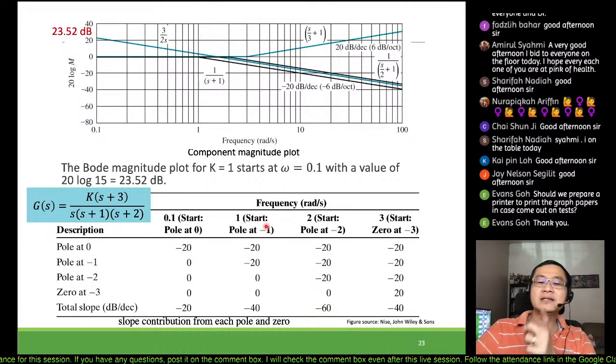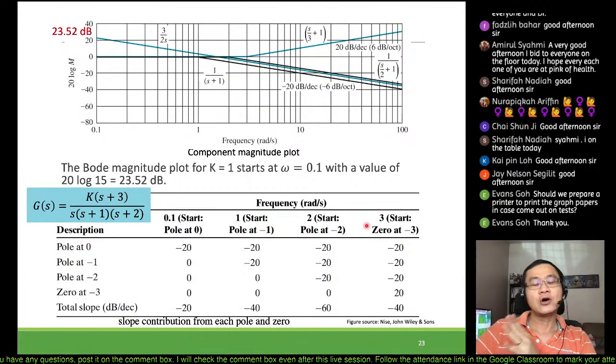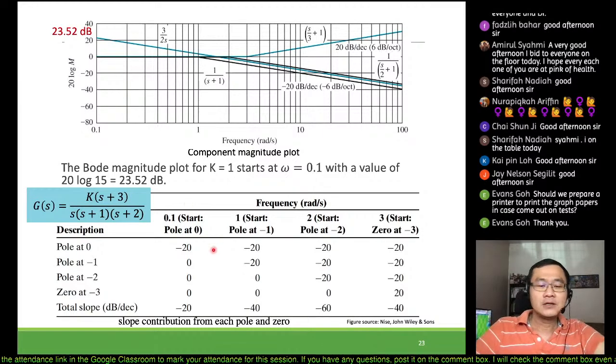Then for others, like s plus 1, we will use 1 as our break frequency. At the pole at -2, we will use 2. At -3, we use 3. Those are the break frequencies that we have to take care of, because they will change the magnitude due to our poles.